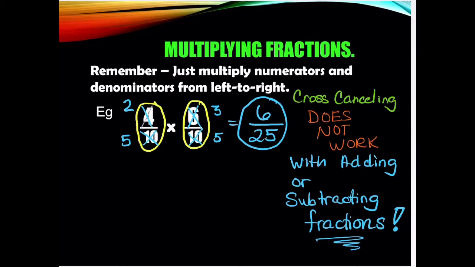The cross-canceling, especially when you're looking at those common factors that are diagonal from each other, is not something that you can do with adding or subtracting. It only works with multiplying fractions, and that's it. So keep that in mind. That is a biggie.